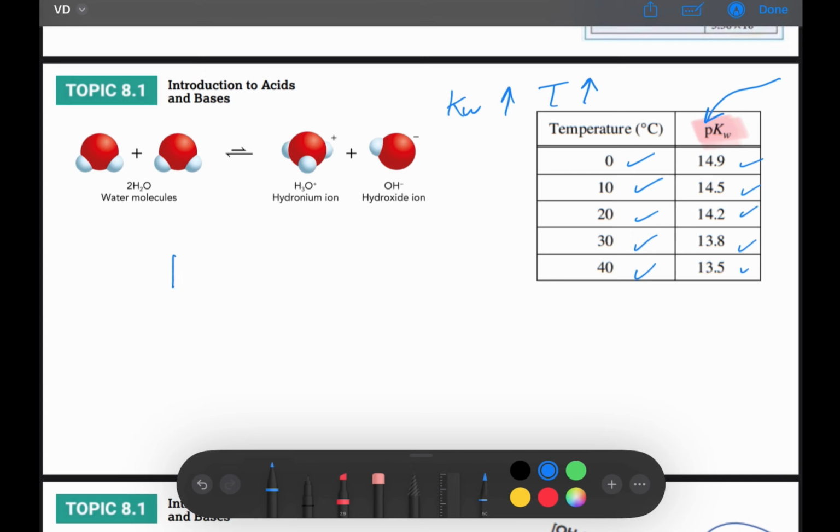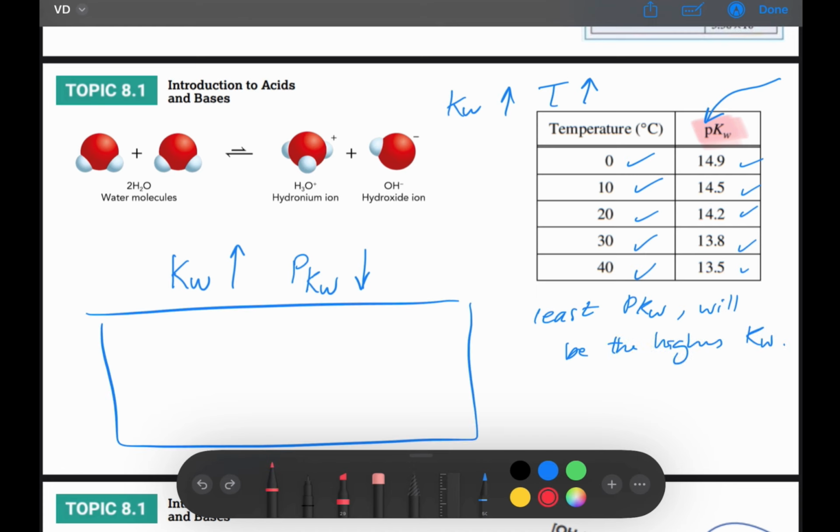So as Kw increases, the pKw will decrease. Based on your table in here, the least pKw will be the highest Kw. Okay? And I want to prove that in terms of the pH. If it's lower, then it means that you have more H3O plus. So it's the same thing.